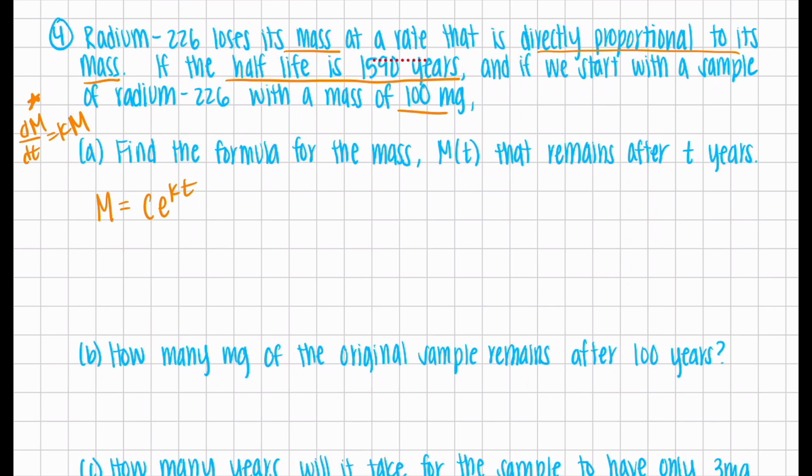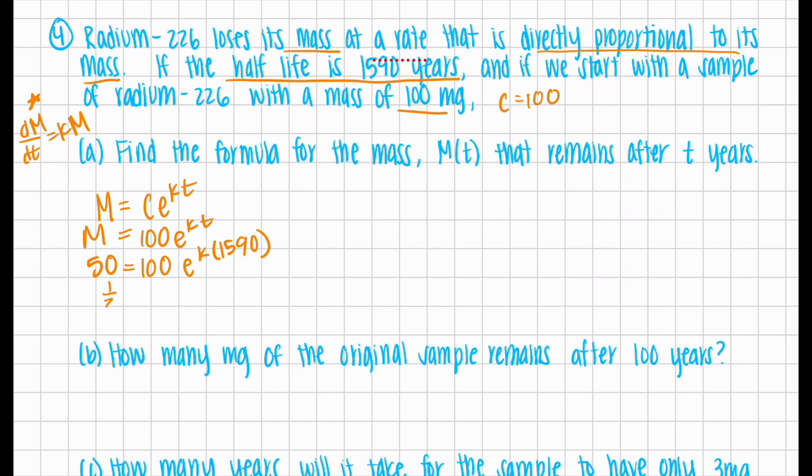So if we start with a mass of 100, that means that C equals 100. So we know that. And to solve for k, we're going to use that the half-life is 1590. So if I start with 100, that means I'm going to be at 50 when t equals 1590. So I'm going to plug those values in for m and t, and we can solve for k.